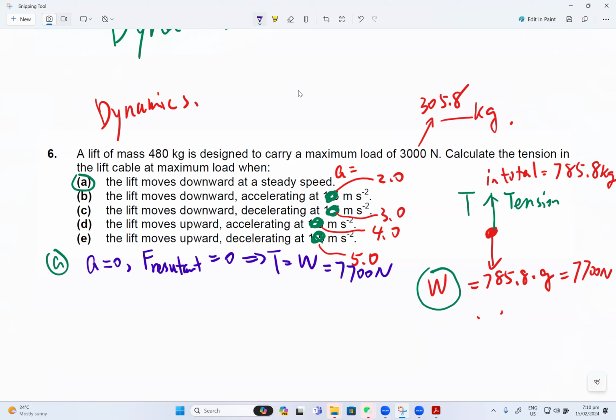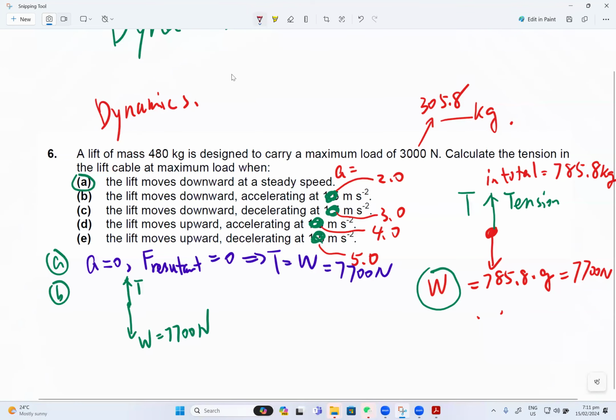Okay, B. They told you accelerating, moving downwards, which means acceleration is downwards. Guys, the lift moving downwards, accelerating, which means acceleration downwards. Total resultant force downwards.